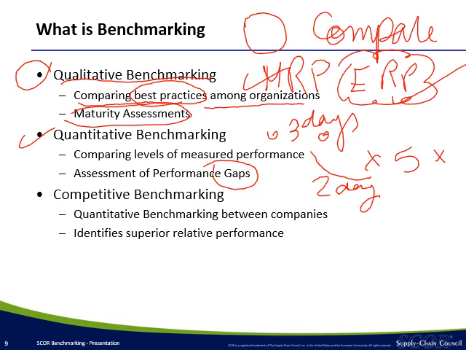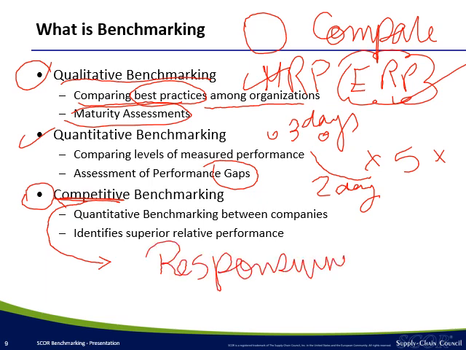And the third way of doing the benchmarking is called competitive benchmarking. In other words, when we open a supply chain, we want to compete on one of the previous 5 things. Let's say on the speed, responsiveness. So we want to know whether we're good at responsiveness when we compare ourselves to others or not.